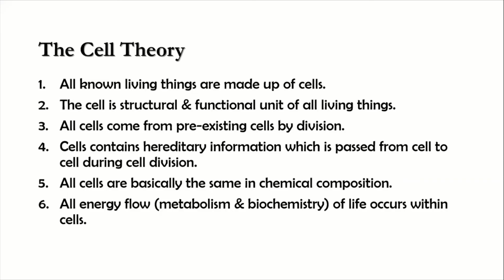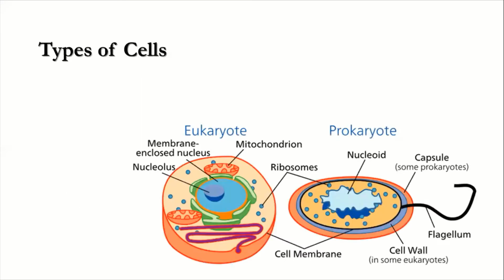So your cells are actually very important. Without your cells, you're nothing. Actually, life started from cells. From the cells of your parents, you have the sperm cell and the egg cell, and then there's you.